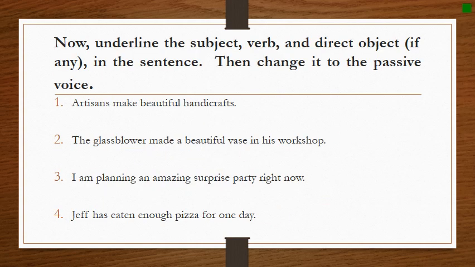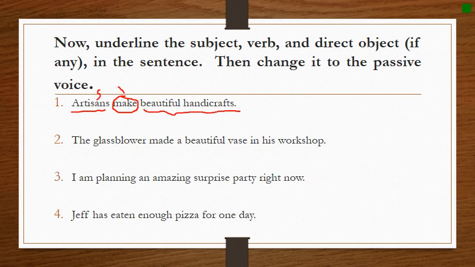Moving on, now we need to underline the subject, the verb, and direct object, if any. And you will learn that if there is no direct object, you cannot change it to the passive voice. Then change it to the passive voice. Artisans make beautiful handicrafts. Subject, verb, direct object.